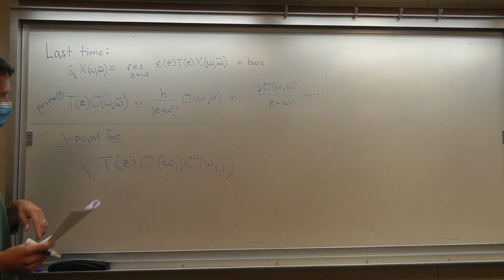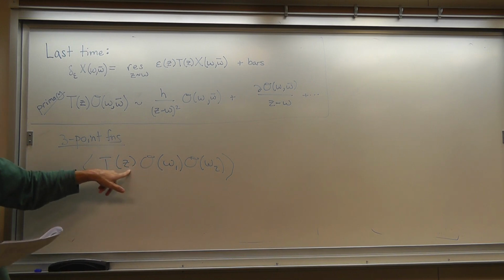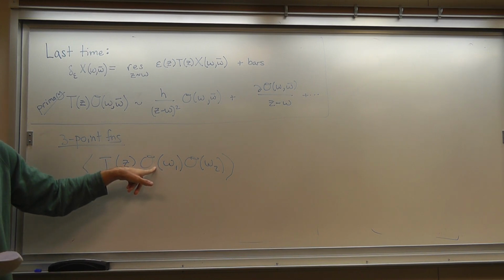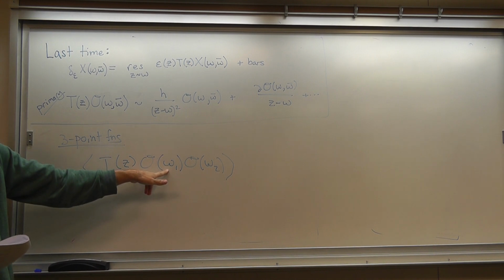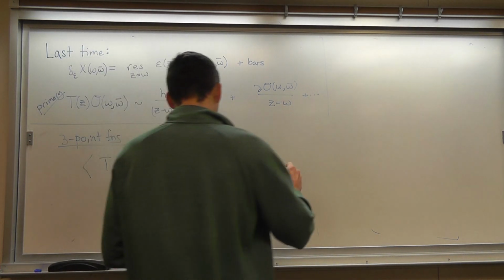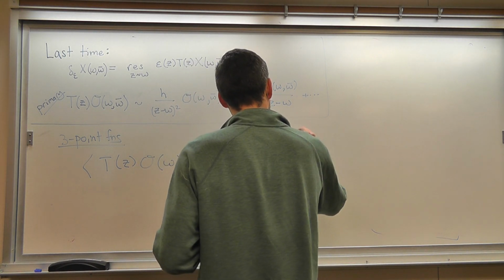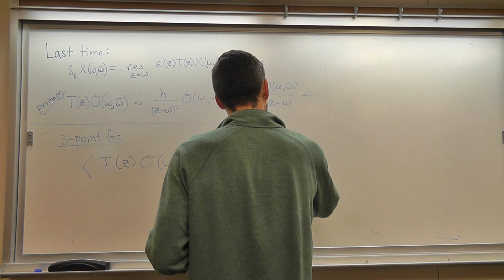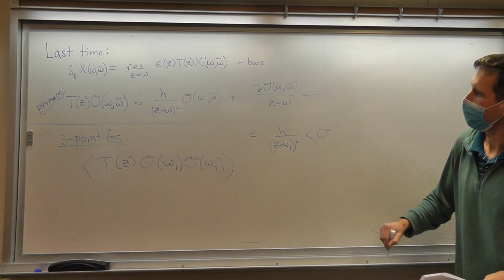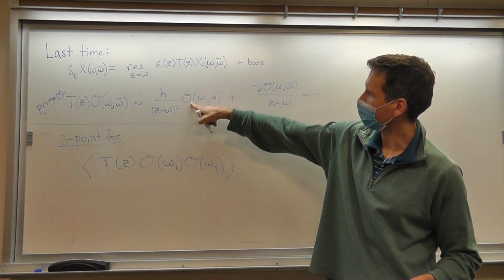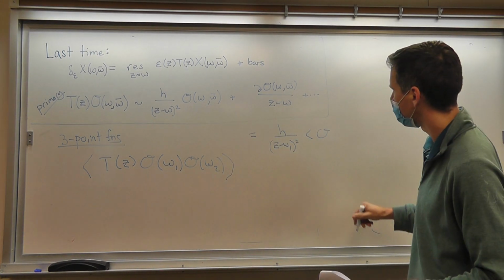So we know that if we bring the stress tensor near this operator, then we know the singular behavior in z minus w1. So let me write it out. It's h over (z minus w1) squared, and we also have this operator here, so I'm just plugging in this operator product expansion.